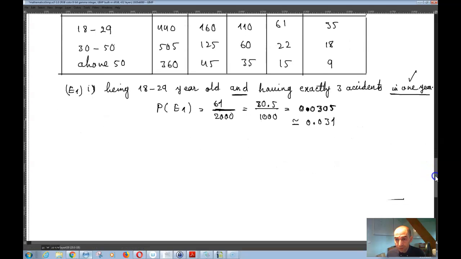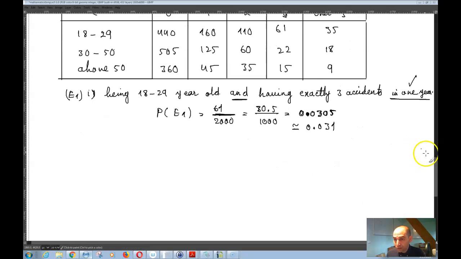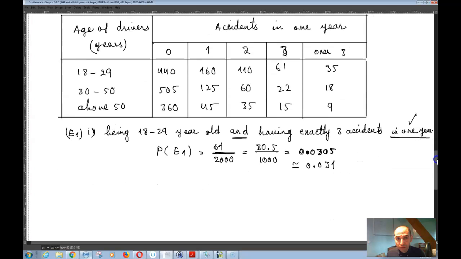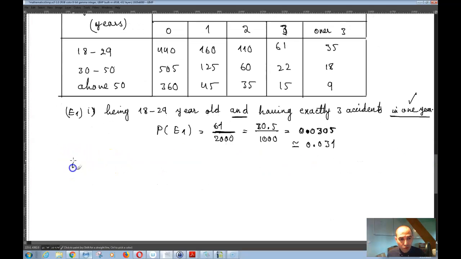Now, the next question that we want to answer here is part 2 of this question, which I call event 2 or E2. So let me go back to where I was in this book. I was over here.